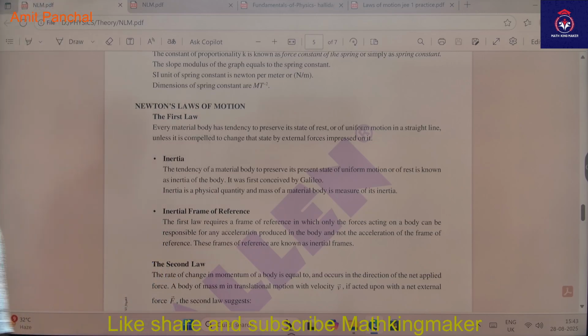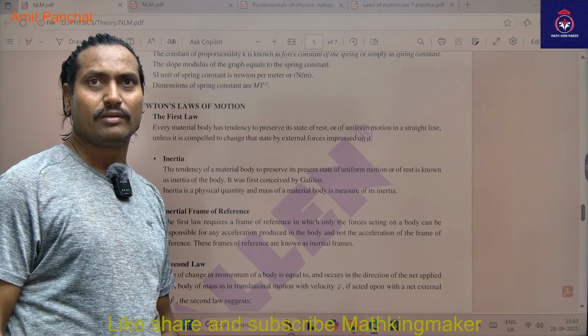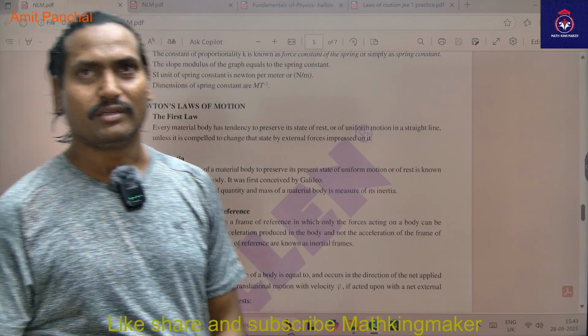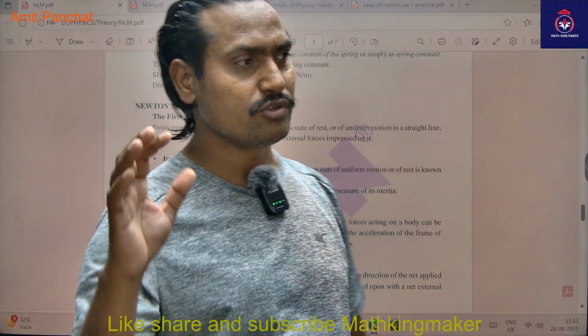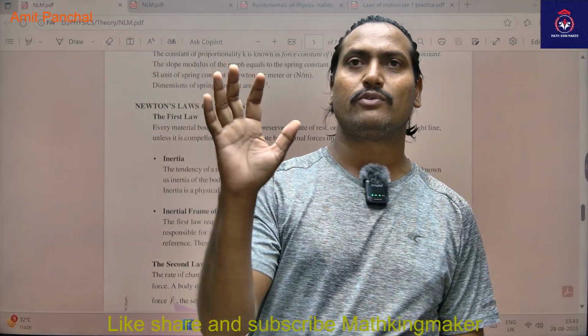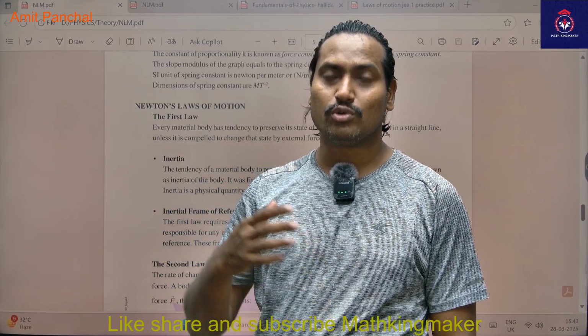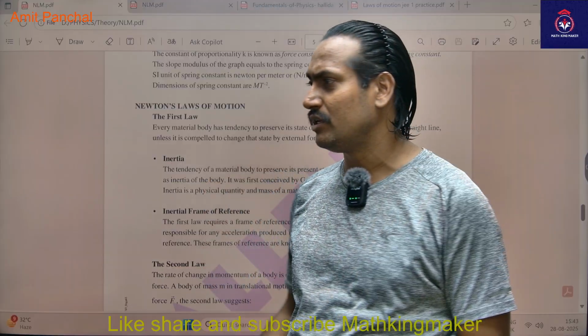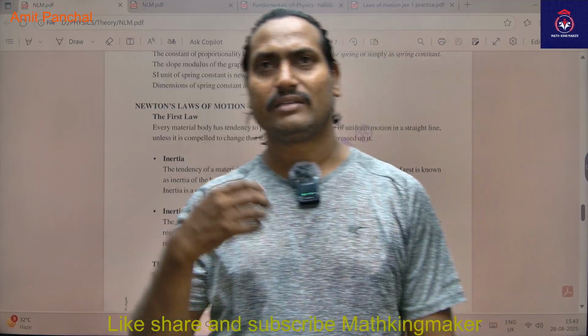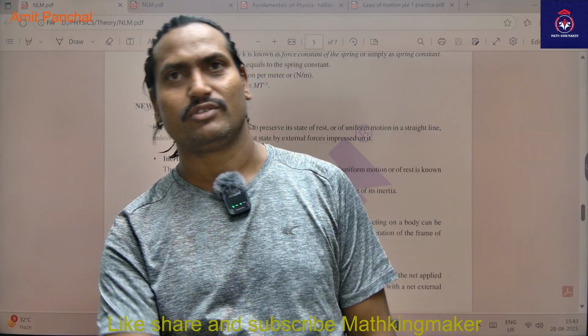Even if an object is moving with constant speed, inertia will still be there. If it is at a constant speed, you need to apply a force to stop it. At that time the body is applying a resistance to the change.